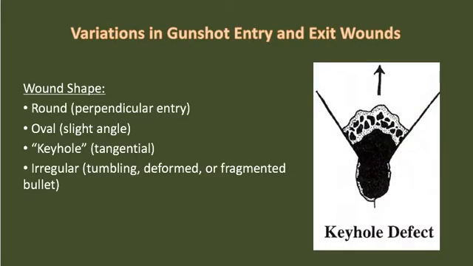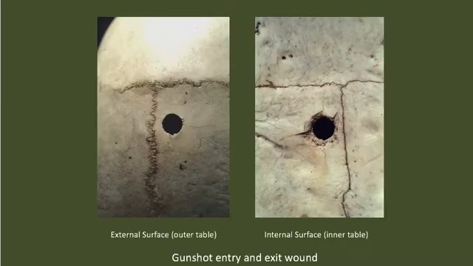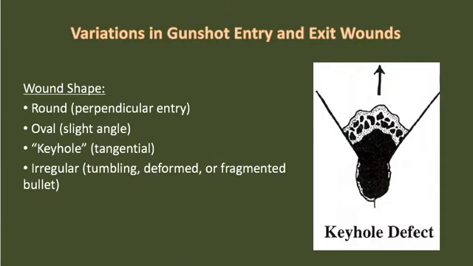Variations in gunshot injury and exit wounds. So we have a variety of different types of wound shapes. We've looked at pictures of round or perpendicular entry wounds. So we see here, this is basically when you have the trajectory of the bullet coming perpendicular to the bone. So a nice, neat, round hole. You will see something that's more oval in shape if the bullet is entering at a slight angle.